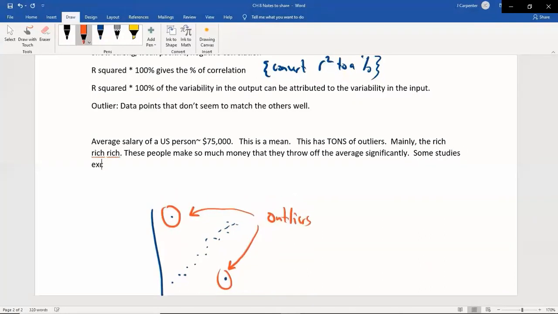Some studies exclude the top 1%, possibly bottom 1% as well, to make equal cuts, to get a more relevant average, maybe in the 45 to 50 ballpark.